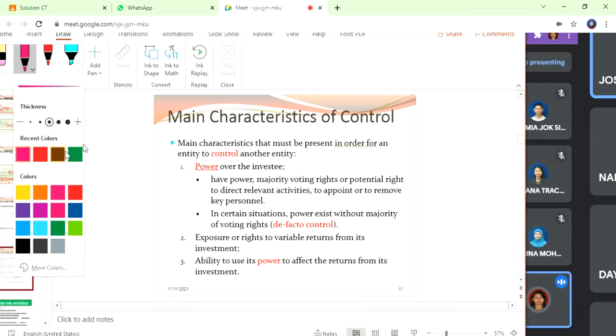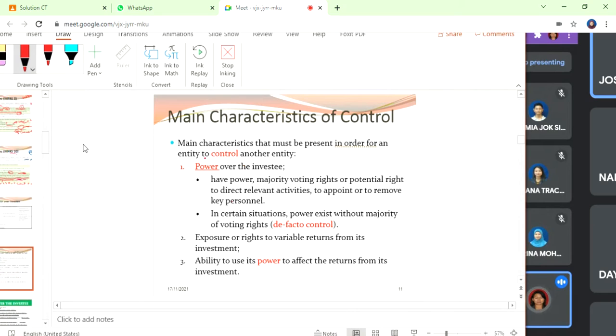When you have power, you have majority voting rights, you also have potential rights. Majority voting rights here is through the acquisition of the ordinary share capital.